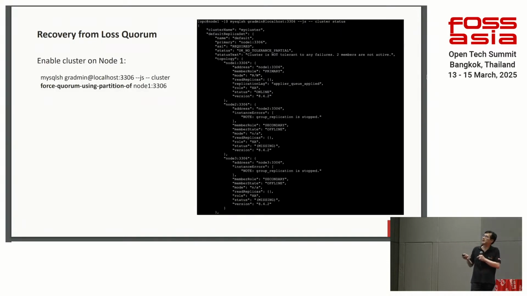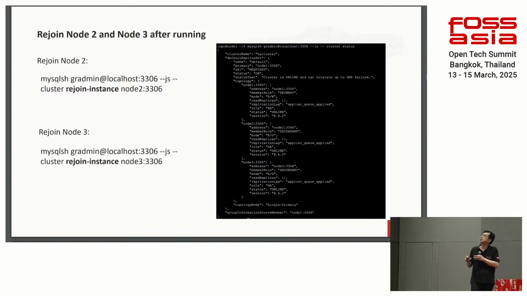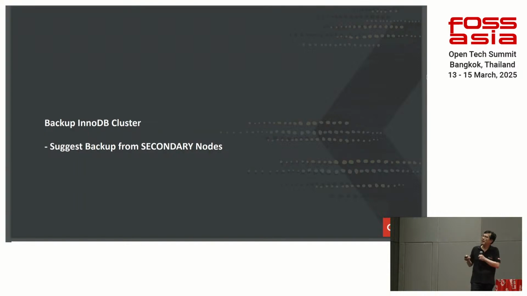You can force the cluster, using force quorum, specifying which node takes the transactions alone to be able to continue the rest of the transactions. And once the rest of the nodes are back, you can rejoin the instance with MySQL Shell.